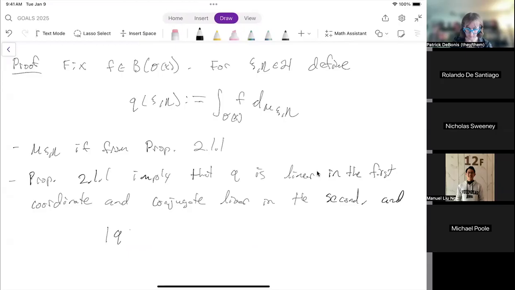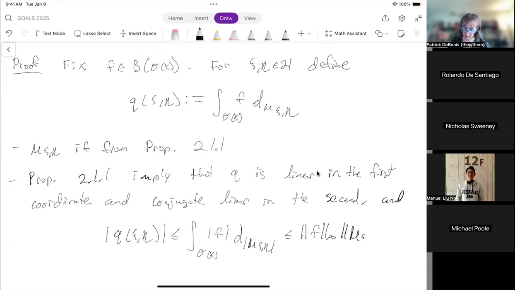sort of by definition of how we're defining it in terms of this integral, that it's bounded by integrating the absolute value of this function against the absolute value of this measure, which in turn is bounded by the infinity norm of this function times the norm of this measure.